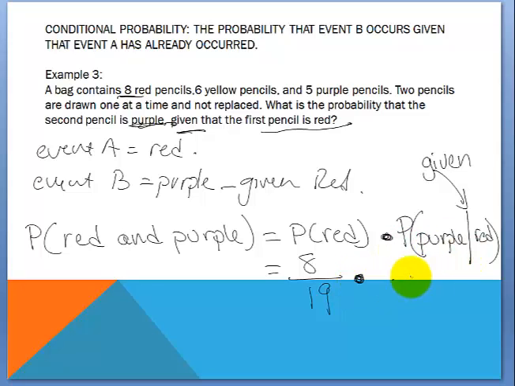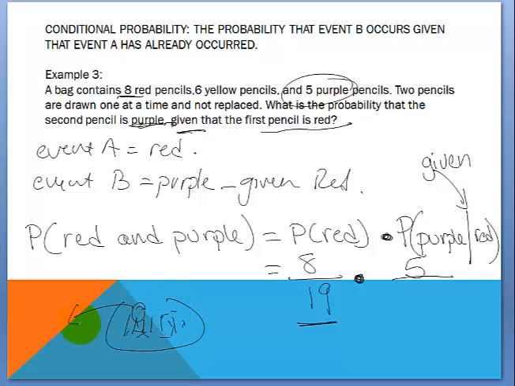Now, the probability of purple, given that we already found red. Well, how many total purple are there? 5. And how many are left over? So we had 19. One of the reds has been taken out.